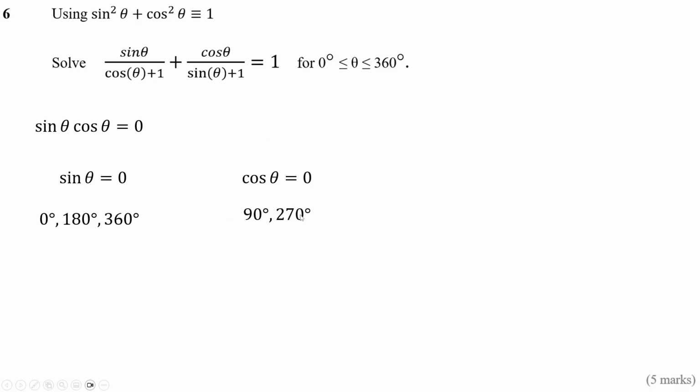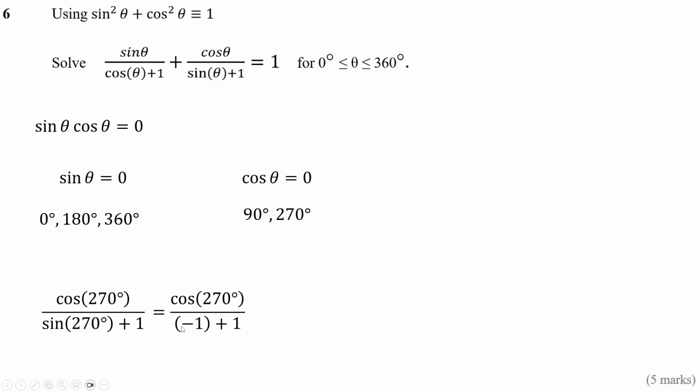If we plug in 270 degrees into this fraction, for example, sine of 270 degrees is actually minus 1. So you'll have minus 1 plus 1, and then you'll have to divide by 0, but you can't do that. So you need to discount this solution. You can check all the others, they all work. 270 degrees is the only one that doesn't work. So the only solutions left are this and that.